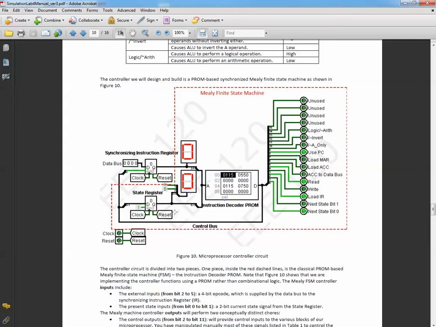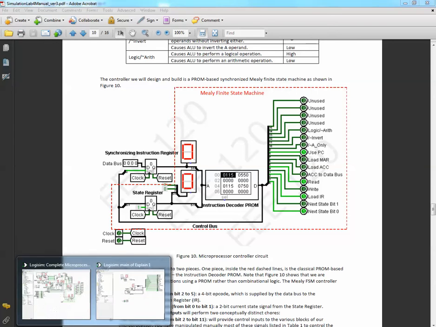But we will not do that, we will build a counter specific for this controller, and we will not use the counter that we have used before. And you'll know later on why we have done this.